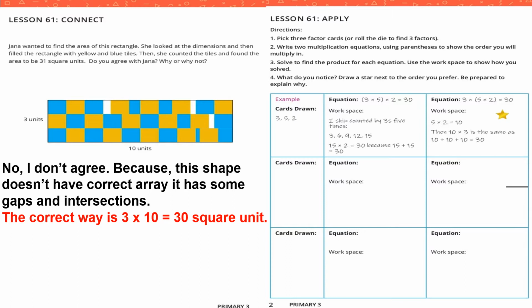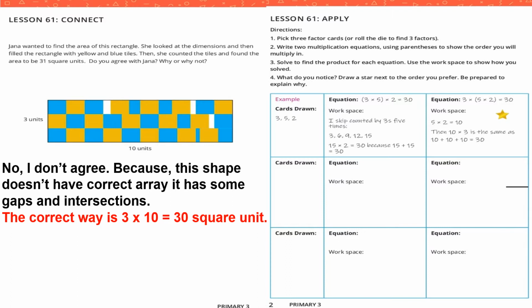In lesson 61, apply. Here he wants me to apply the associative property, and he is giving me some examples. We have here 3 numbers, and we want to apply the associative property. In the first example, we have 3, 5, and 2.